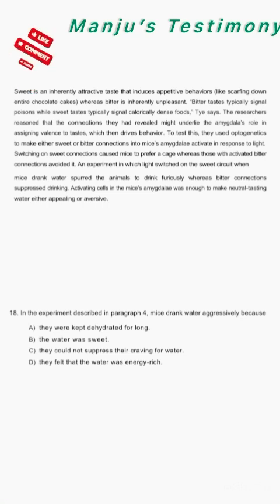It was their feeling only, that's why they drank furiously. That doesn't mean that the water is sweet or energy rich. They felt that the water was energy rich when their sweet area was activated with the light. So from all these options we could find out that option D is the right answer.